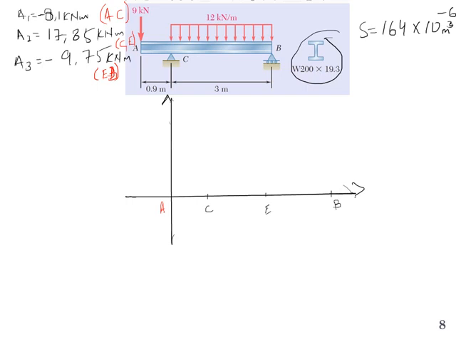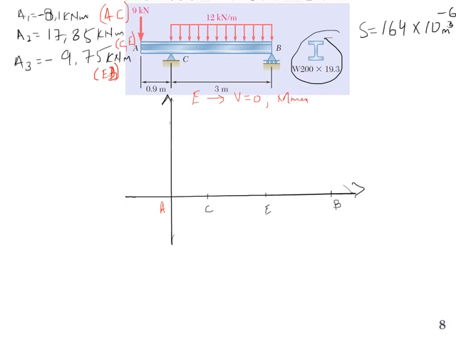From A to C, the area under the curve was minus 8.1 kilonewton meter. From C to E, E is the location where we have zero shear force. E is the location at which V is equal to 0 and the moment will be max.